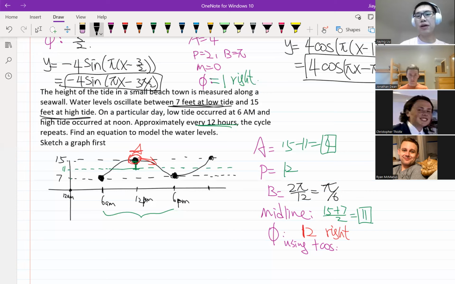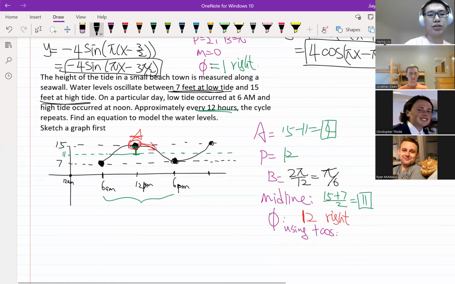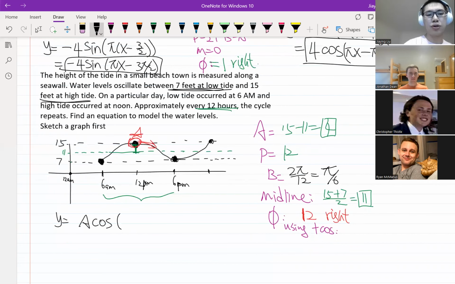So now we have all of them, we can put them into the form. So the form I use, again, let me just write it down. y equals a cosine, parentheses, b, parentheses, x minus h, plus k, the midline, or m.